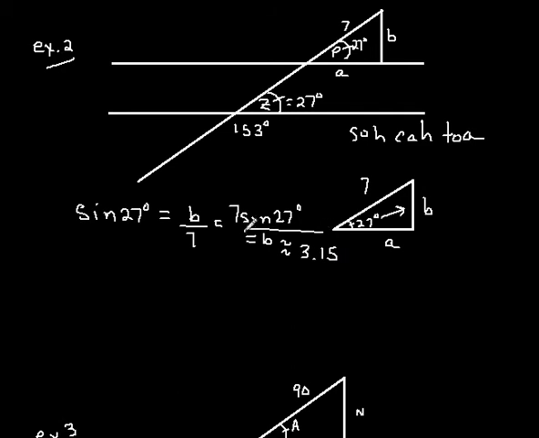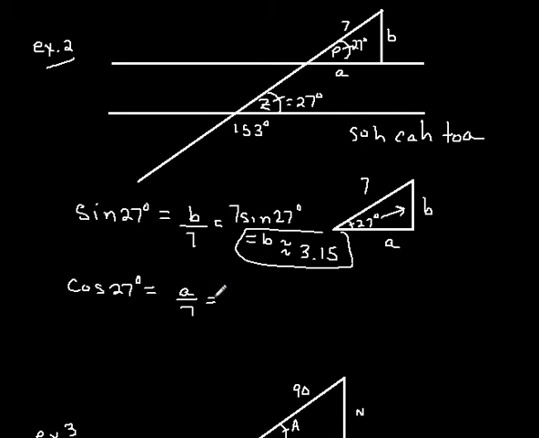That's our B. And then we would use the cosine of 27 degrees. Remember, cosine is adjacent over hypotenuse. Adjacent means the one right beside it, touching it. We know our hypotenuse is 7.